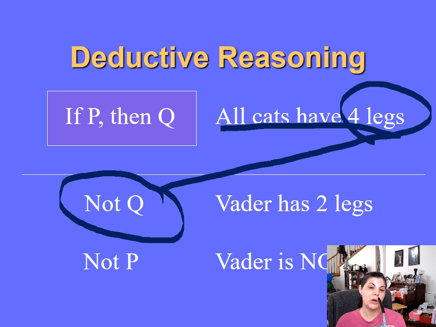Well, then we know that he's not a cat because we established that all cats have 4 legs and Vader only has 2. Now we would probably have to give some stipulations here that it would be a cat that didn't have any birth defects or any surgeries. But a naturally born cat has 4 legs. So that's deductive reasoning. It's like process of elimination, really.